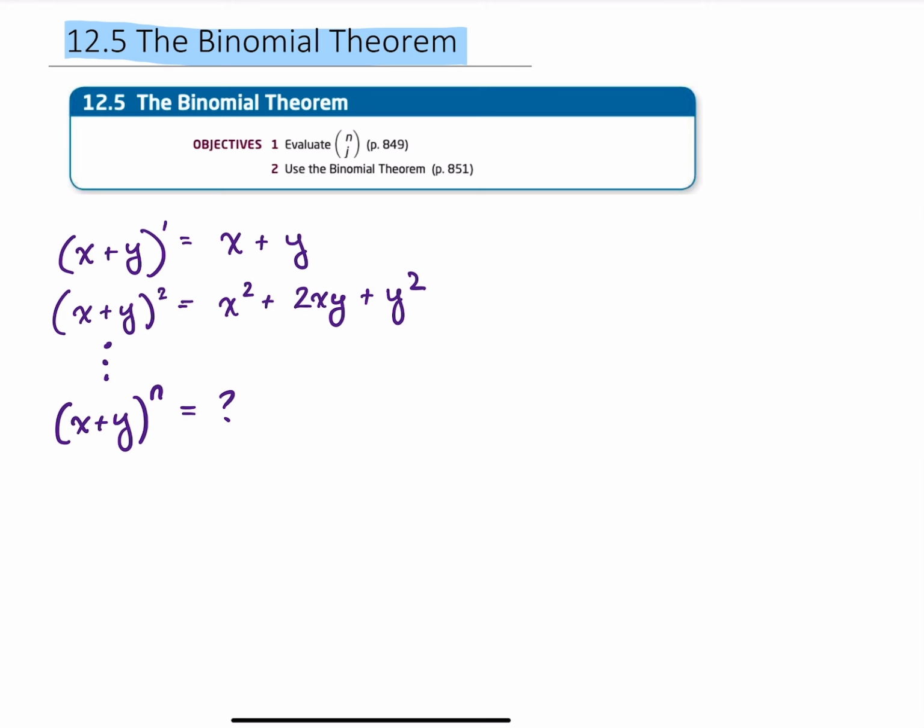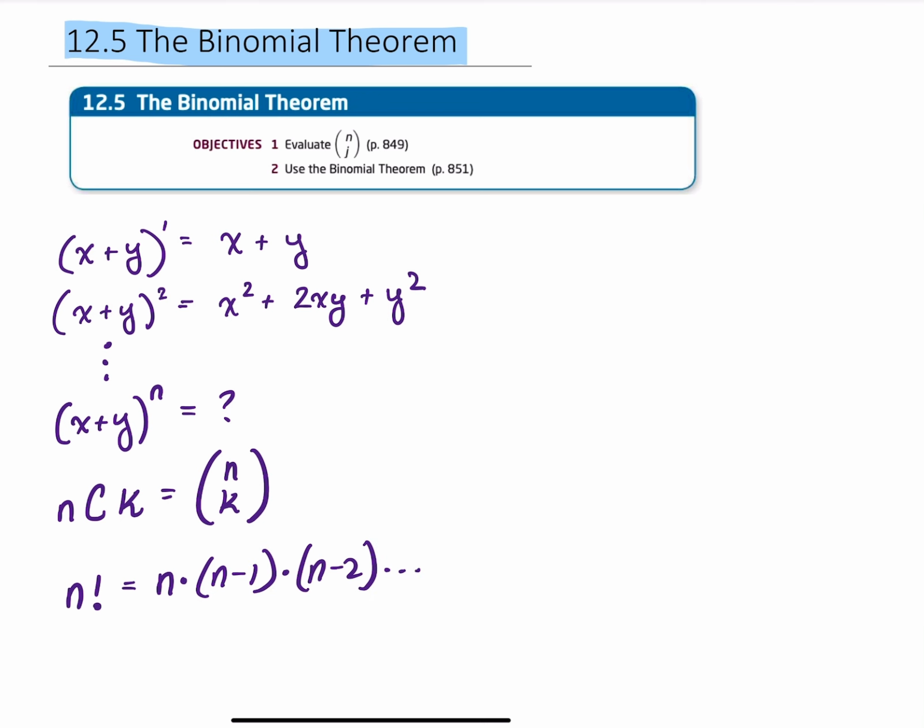To do this, we'll need first the expression n choose k. So we'll explain what that is. In order to evaluate this, we also need the factorial expression, n factorial, which means we would take whatever that number n is and multiply by 1 less than it, so n minus 1, then 1 less than that, n minus 2, all the way until we get to 3, 2, 1.